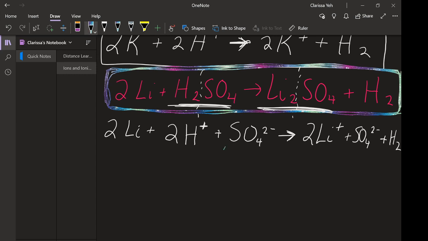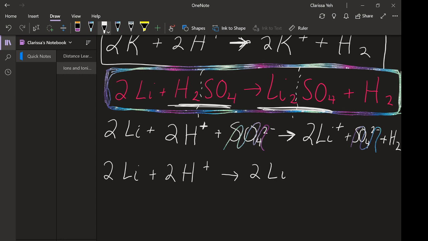Then I see what is similar on both sides, and I notice that SO4 2 minus is the same on both sides. And then everything else is written the same. So when you write this out, make sure that you don't change the charge even if you have 2 lots of them.